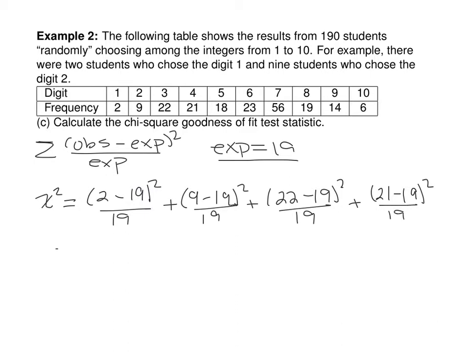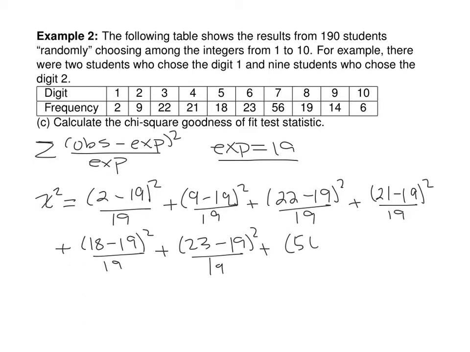Keep going. 5 we observed 18 times, so 18 minus 19 squared over 19, plus 23 minus 19 squared over 19, plus big old 56 minus 19 squared over 19, plus, well, 19 minus 19 squared over 19.